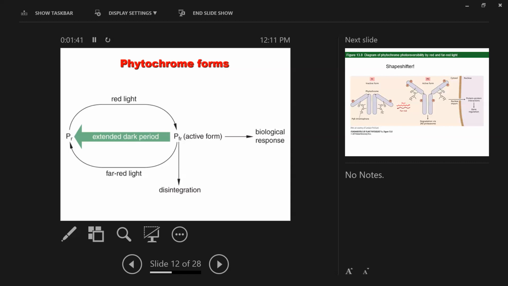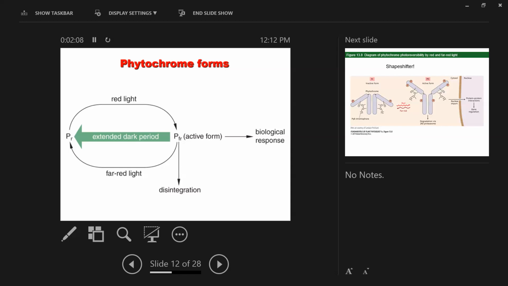And if you are in the upper canopy in a forest system, you'd hog all the red light because that's going to be your big payoff for photosynthesis, all types of growth, flowering, and all of that. So if a plant has a lot of Pr, that means they're getting far red light exposure over red light.